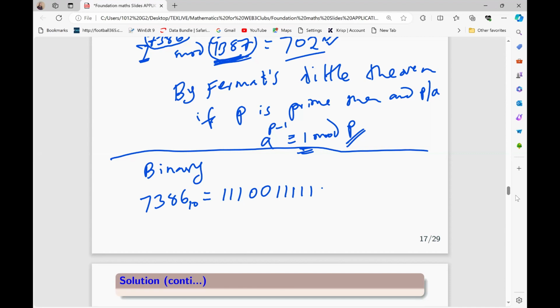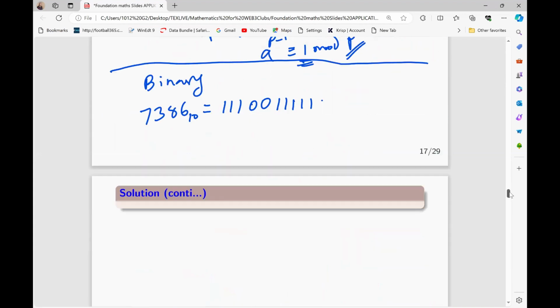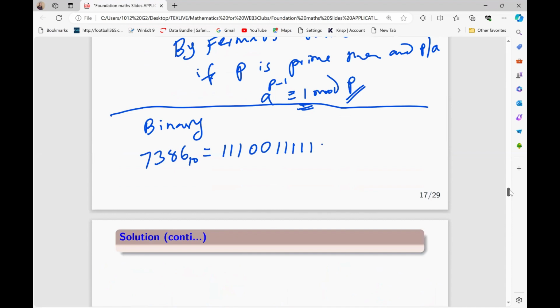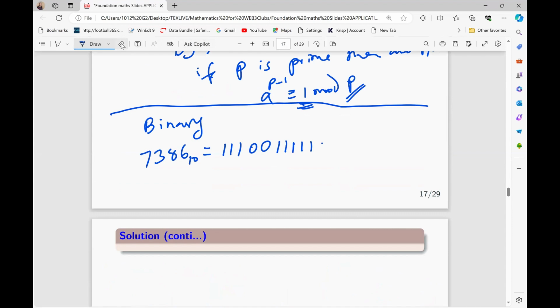So those are 3 ones, 0, 0, 2 ones. Two ones and then 2 zeros.